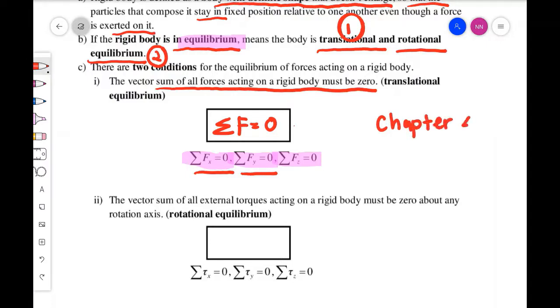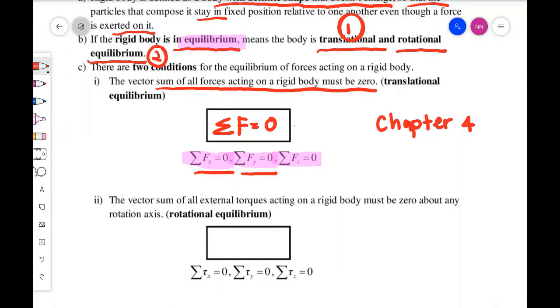Okay, dalam konsep chapter 4, bila object in equilibrium, sama ada dia at rest ataupun object move in constant velocity. Tapi dalam chapter 4, object move in a straight line. Itu kategori linear motion. Okay, sekarang kita dalam chapter 8.